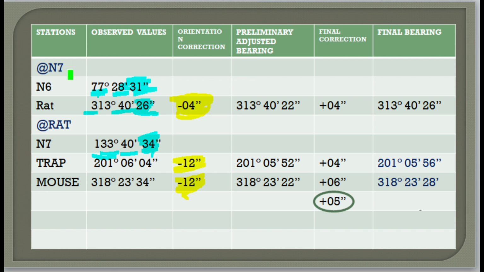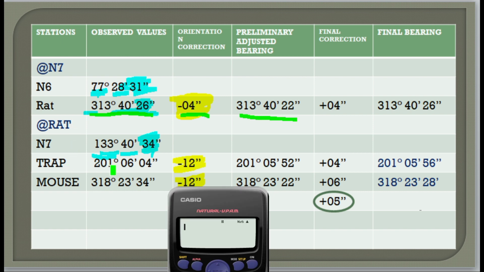On this last table, we do the same. From N7 to the rat, the observed values, we have them here. We add the orientation correction and we get our preliminary adjusted bearings. And then from rat to trap, that is 201 06 04.